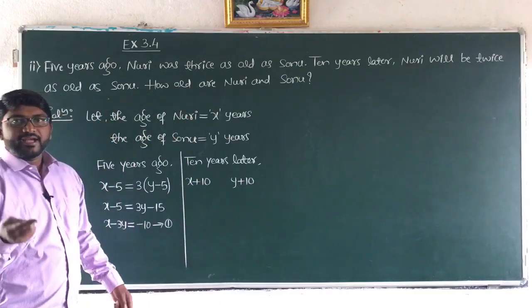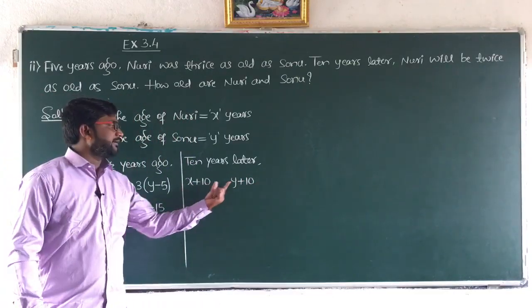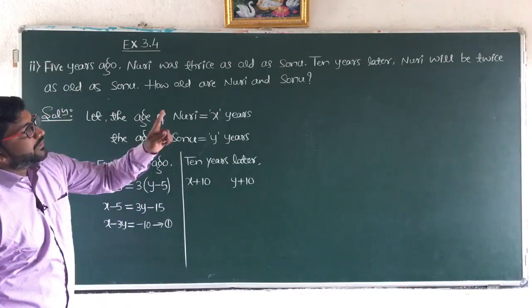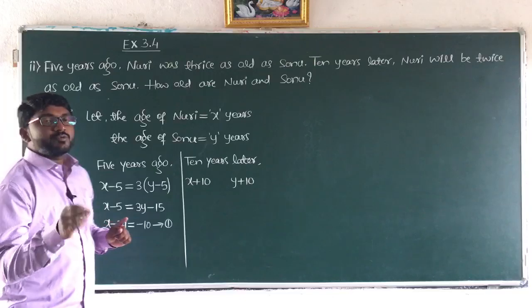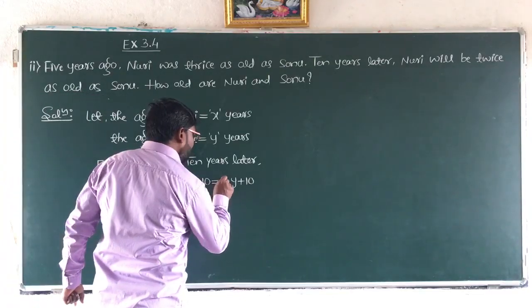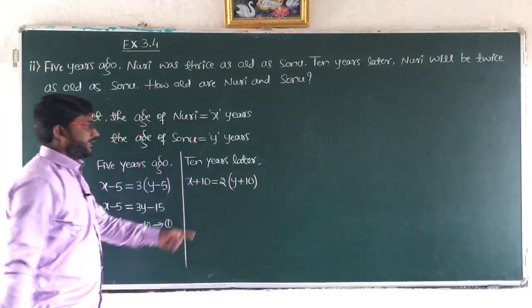So I have to add 10 to the age of Noori and 10 to the age of Sonu. Then see here, Noori will be twice as old as Sonu. Noori will be means Noori is equal to twice the age of Sonu.